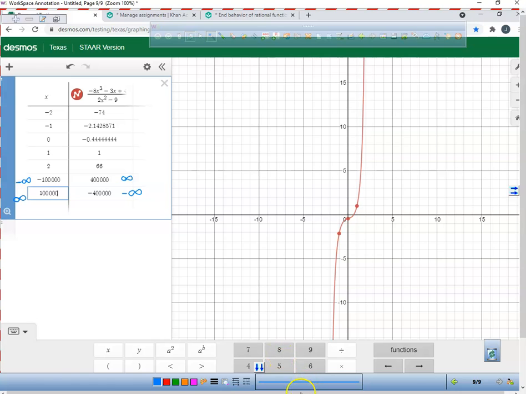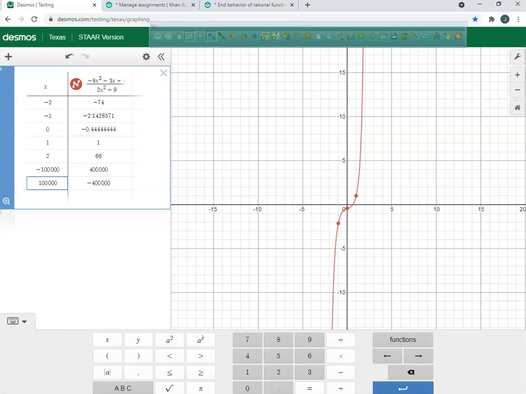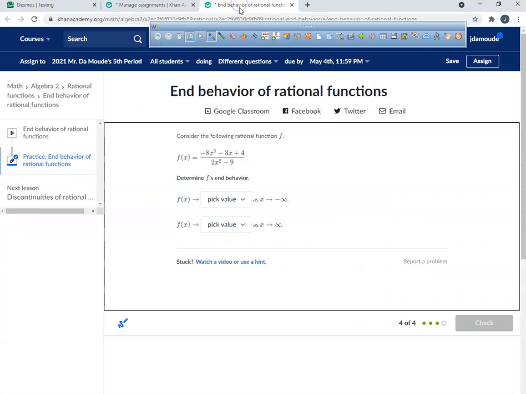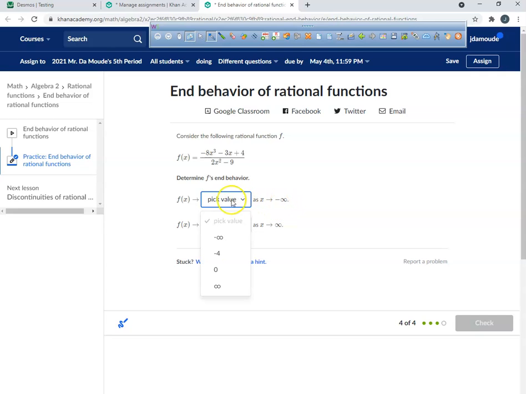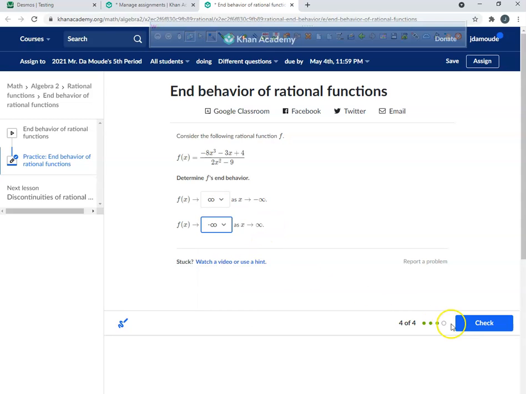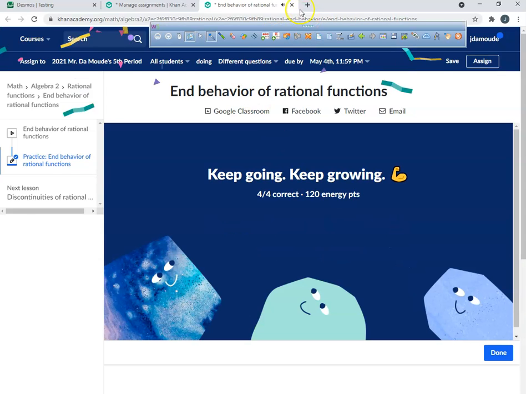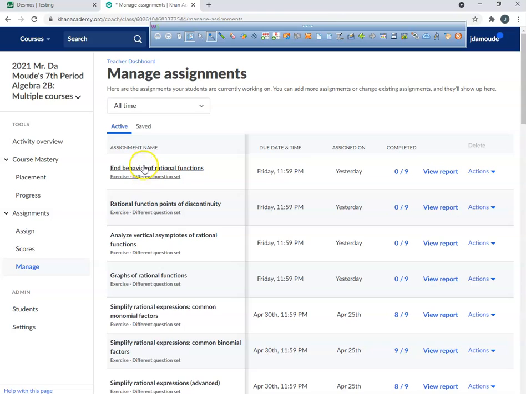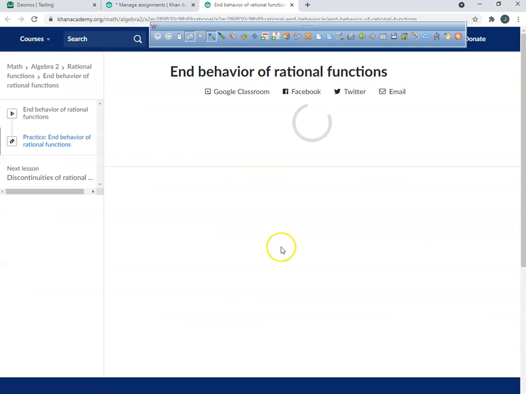I'm trying to make it as easy as I can. Okay, so let's go back over here. So as my x values were going to negative, what was happening to my y values? They were going to positive, and as my x values were going positive, my y values were going negative, and that's it. Okay, now, yeah, here we go. Let's do another one.